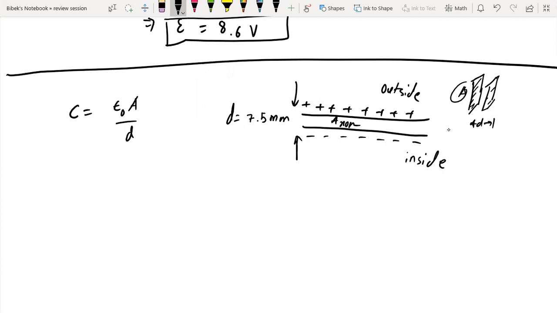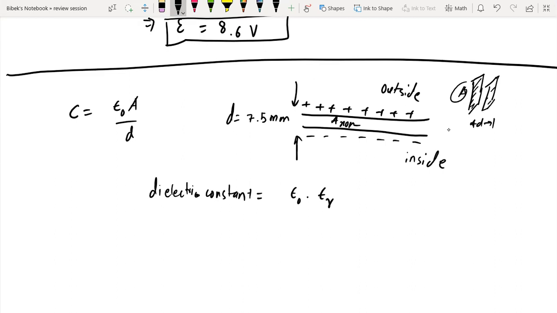E0 is the permittivity for vacuum or air, okay? What the dielectric constant means is epsilon multiplied by some factor.